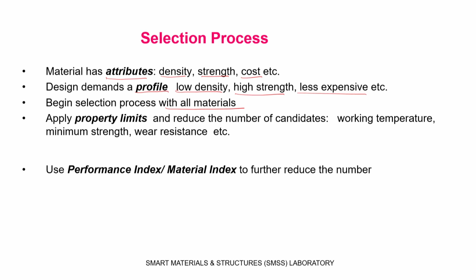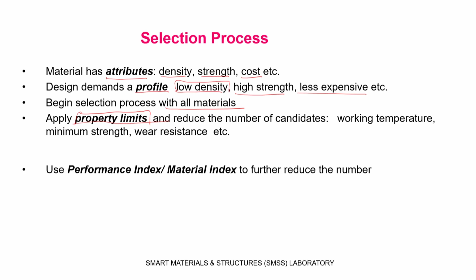And then we will apply the property limits, because you said low density. How low? Is it between 1000 to 2000 kg per meter cube? If that is so, then immediately steel is ruled out, iron is ruled out. So, that is how we apply the property limits, depending on exactly what is the maximum or minimum permissible property of the system.